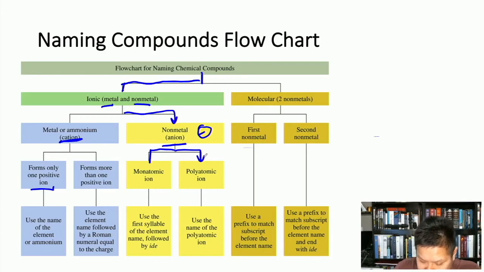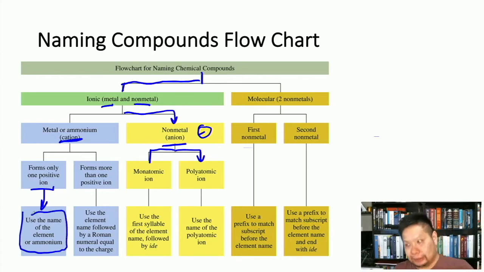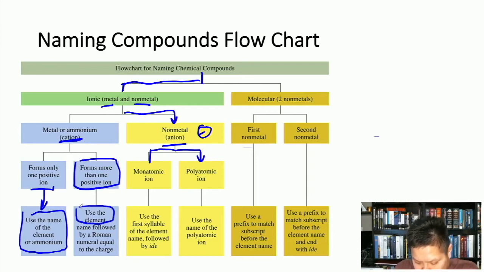So if it forms only one positive ion, right, then you can just use the name of the metal or ammonium, right, as the beginning of the name of the ionic compound. But if it has more than one positive ion, for example iron, which had iron 2 and iron 3, you'll have to use the element, right, followed by a Roman numeral, which I showed you, to get an equal charge, right?